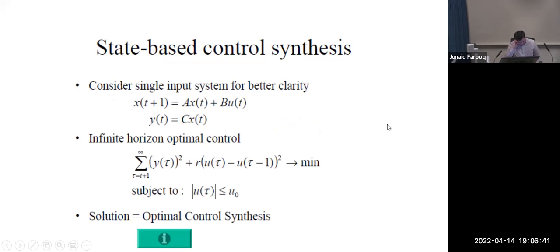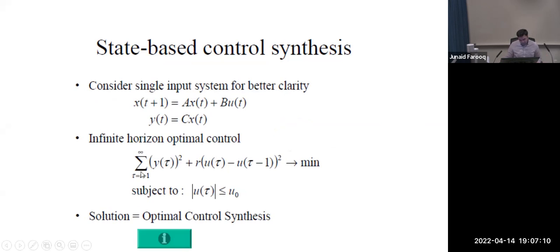So let's look at the details of how we formulate the control problem and then how we solve it. Imagine you have a discrete time system of this form, x(t+1) = A x(t) + B u(t). Just like our LQR controllers, we could formulate an index or a cost function.